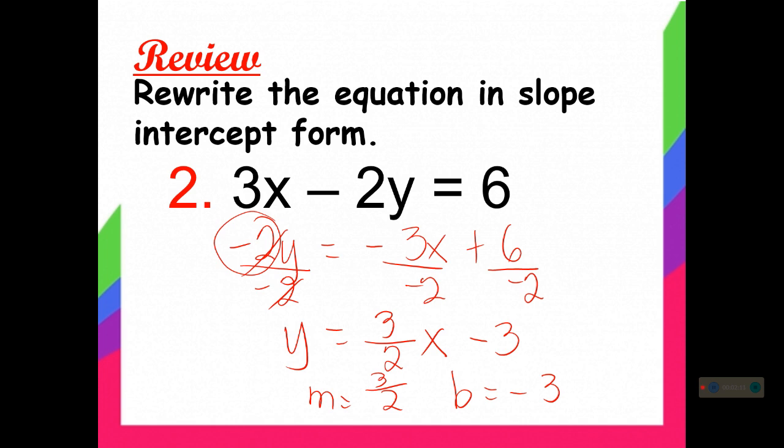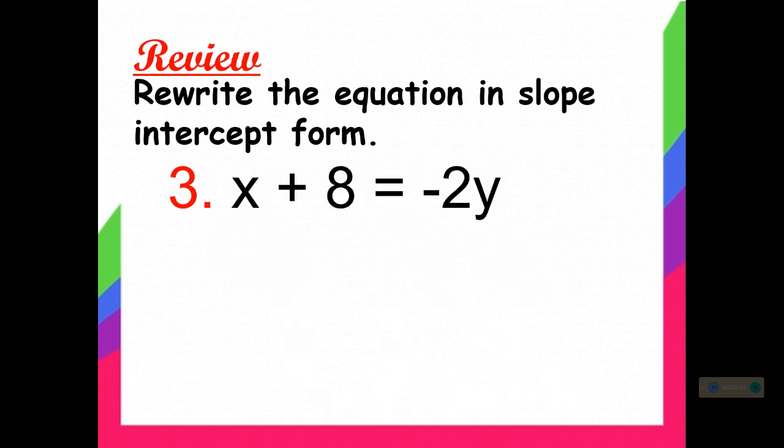Okay. Then, the last is, let us have x plus 8 equals negative 2y. Okay, so for us to have the slope-intercept form, we have here positive 2y equals negative x, then it will become negative 8. And since we have here the coefficient 2, you are going to divide all the terms of our equation by 2.